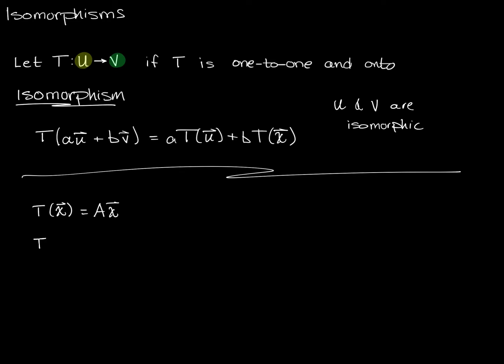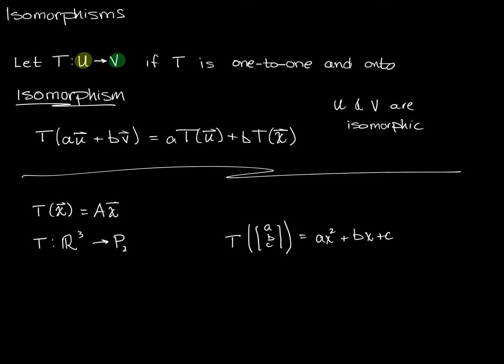If, on the other hand, your transformation goes from R3 to P2, it might look something like this: from R3 to P2, so I have ax squared plus bx plus c.